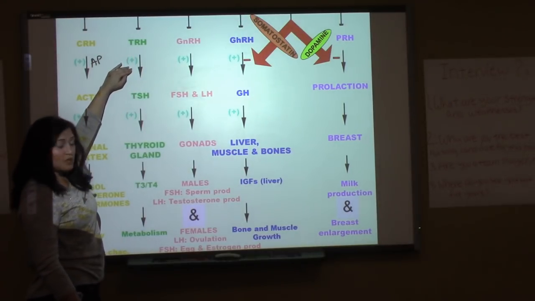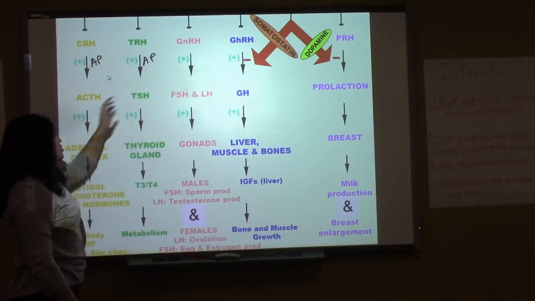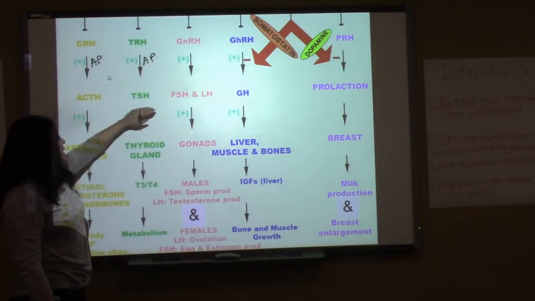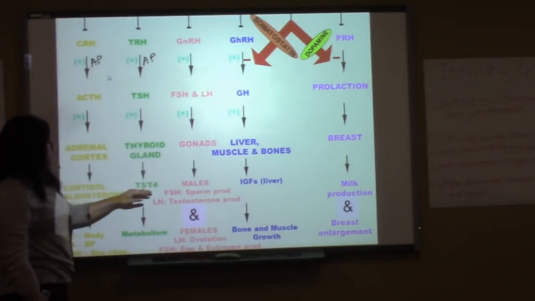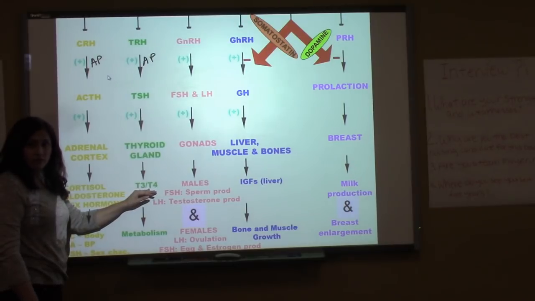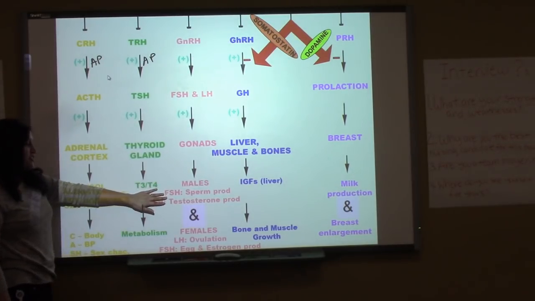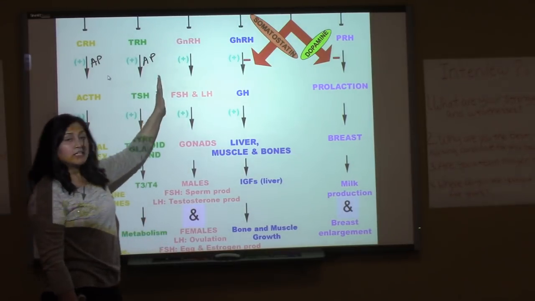TRH will stimulate the anterior pituitary to release a hormone called TSH, thyroid stimulating hormone. TSH will now stimulate the thyroid gland. In turn, the thyroid gland releases T3, T4, thyroxine and triiodothyronine. What is the function of T3, T4? Basically, it's for metabolism.